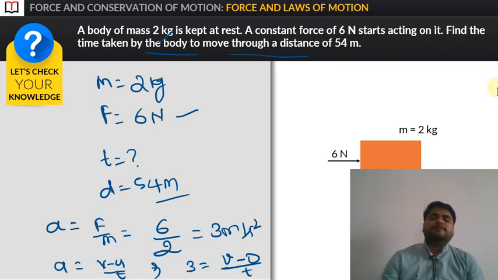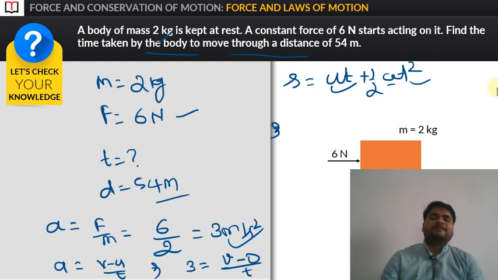So the second equation of motion says that s is equal to ut plus half a into t square. Here the initial velocity of the object was 0 and we have to find the time. Acceleration we have already calculated.